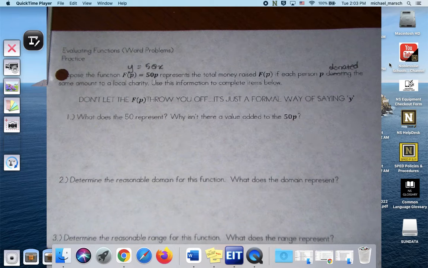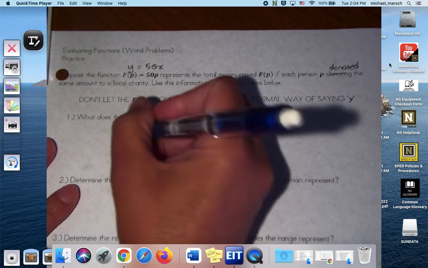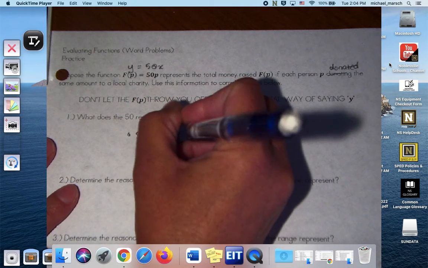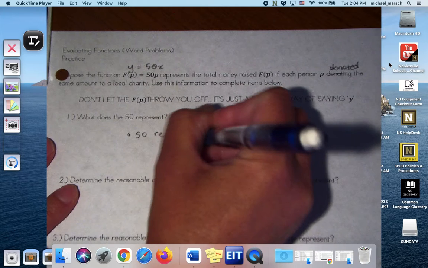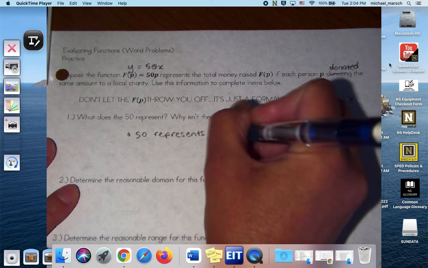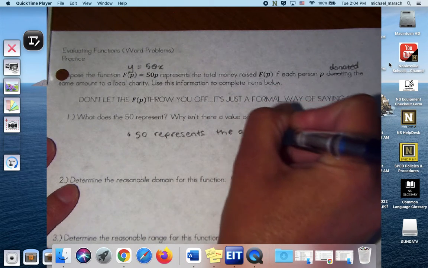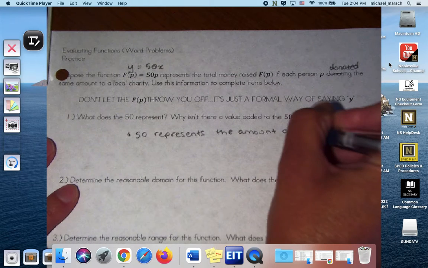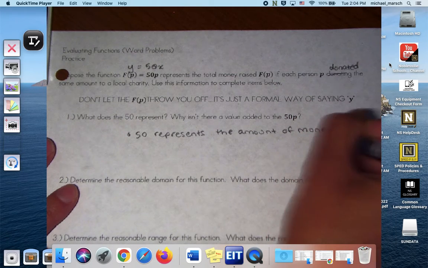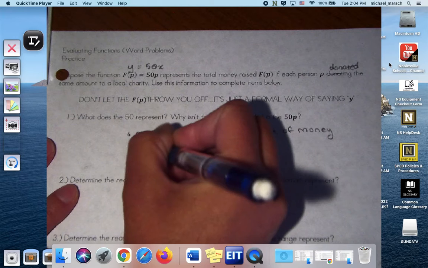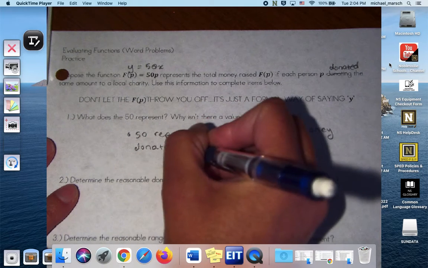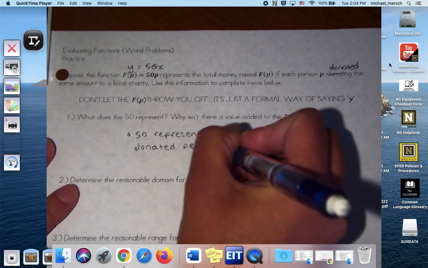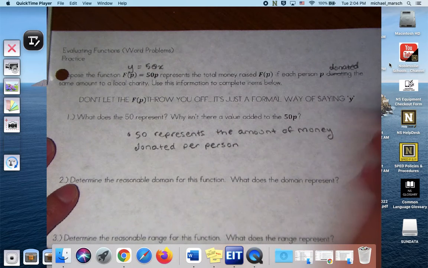Okay. So what does the 50 represent? Right? Because we are assuming that each person donated the same amount.